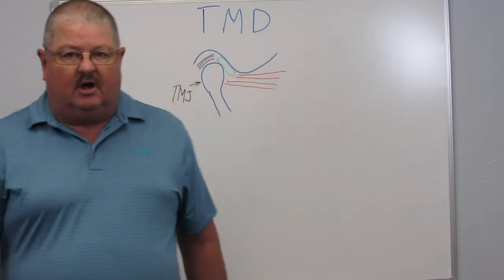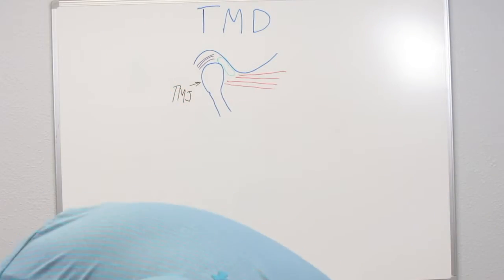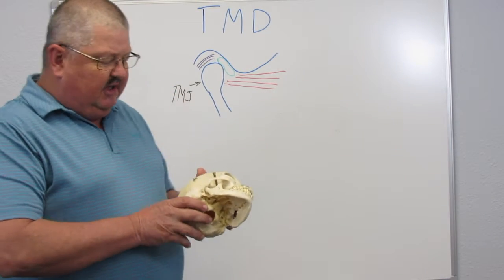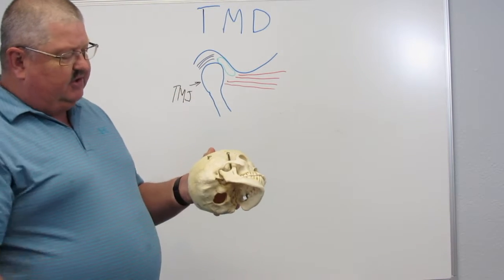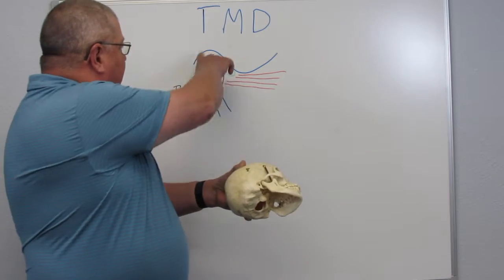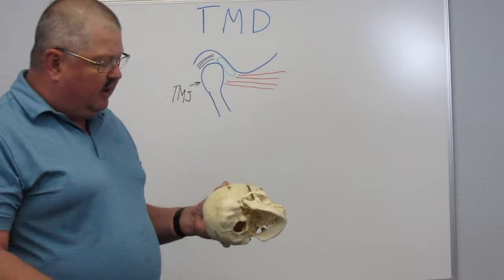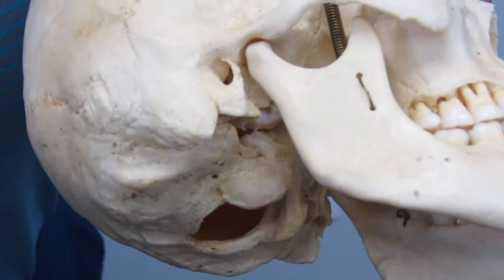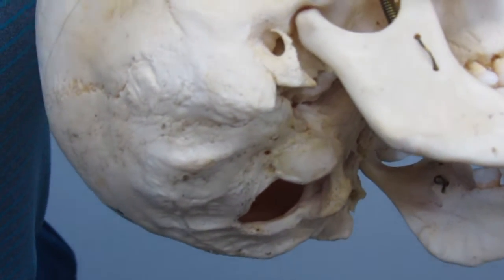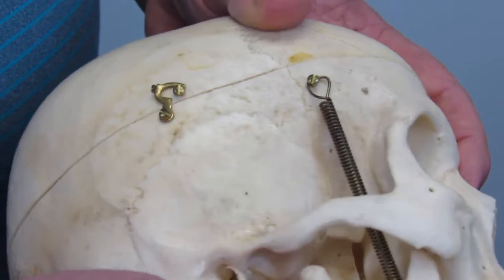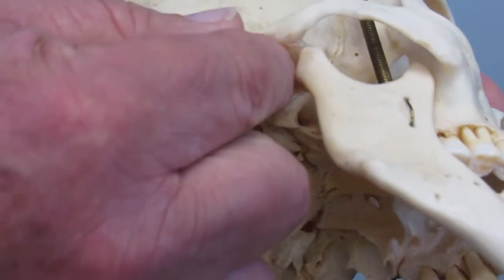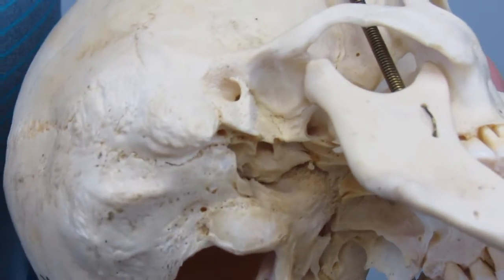Now if we look at a human skull, and I have one right here, you can kind of see the components that I've drawn here. I want to point out the features of the temporomandibular joint. In the skull there is a depression called the glenoid fossa, and a little ridge up here called the articular eminence.